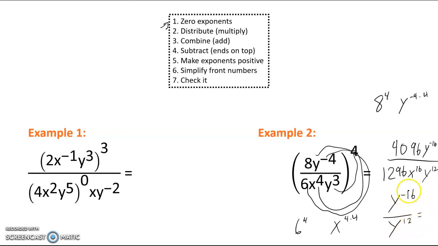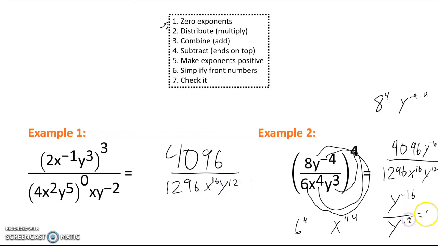Again, we would subtract these numbers here. I'm going to keep with the method. Actually, no, I will show that method here. So I'm going to move over here and rewrite it. So 4,096 is going to stay on the top, 1296 on the bottom, x to the 16th, y to the 12th.